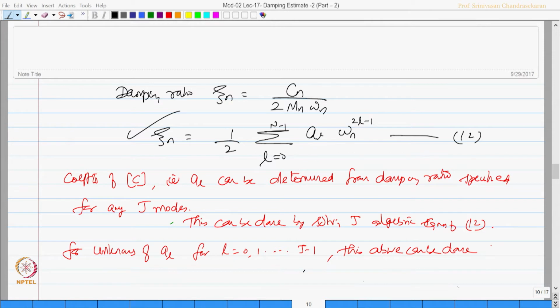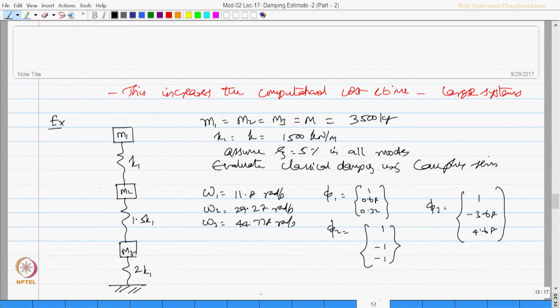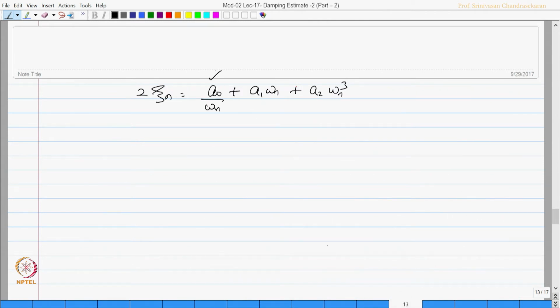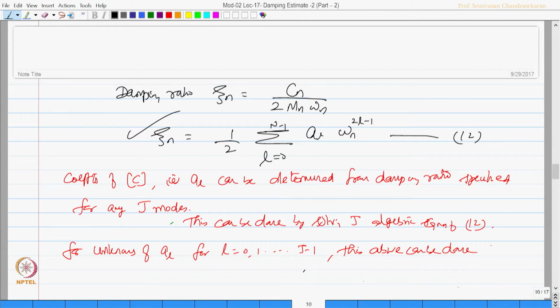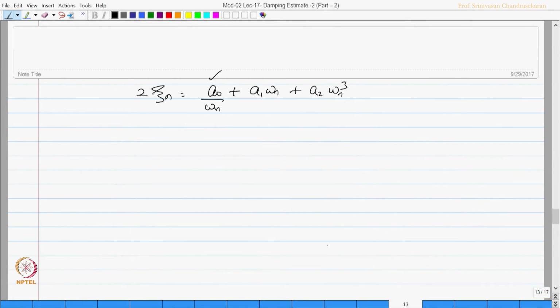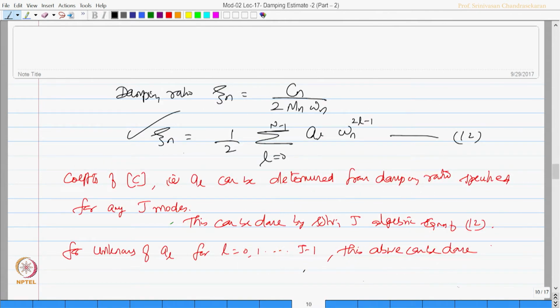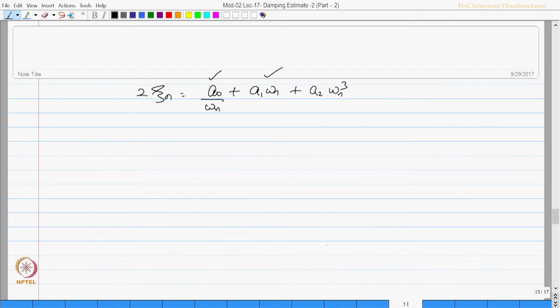If L is 0, this becomes 1 by omega n, that is the term we are getting here. Similarly, if this is 1, A 1, this becomes omega n, that is the second term. And similarly, if this is 2, A 2 and this is going to be omega n cube, that is what we are getting here. So, 3 terms. Okay.